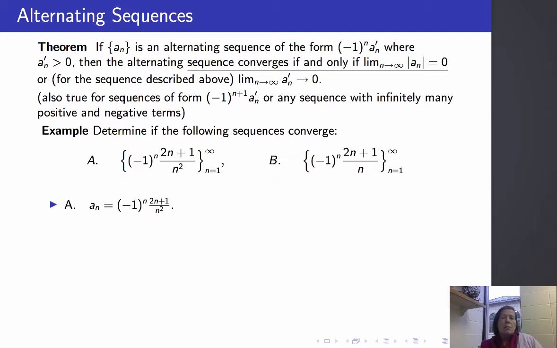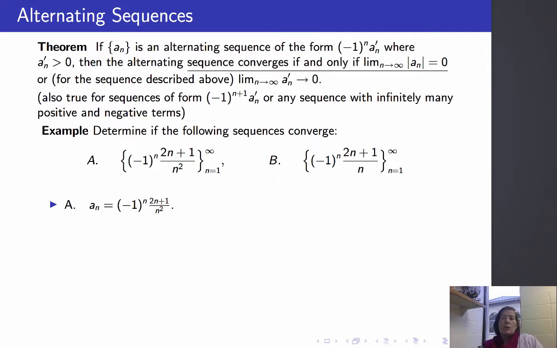Because they bounce back and forth between positive and negative numbers, the only way that such a sequence can converge is if the limit as n goes to infinity of the absolute value of the terms is 0, or the limit as n goes to infinity of the positive part, a_n', approaches 0.